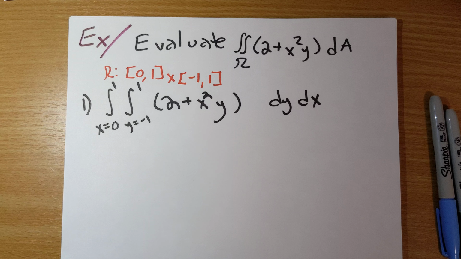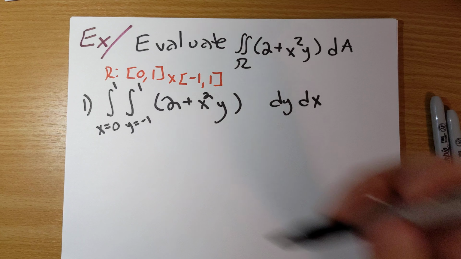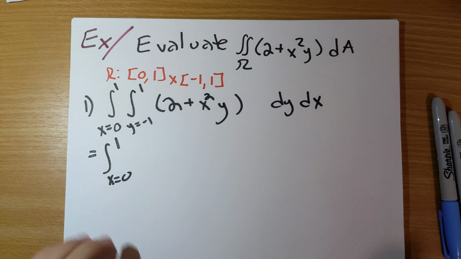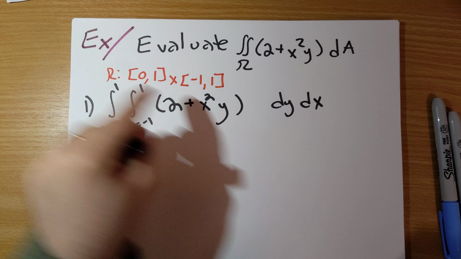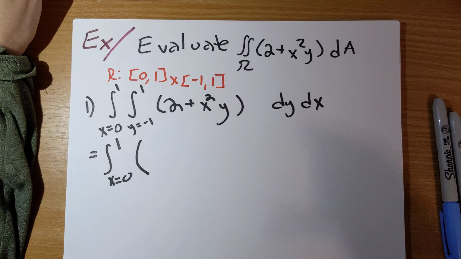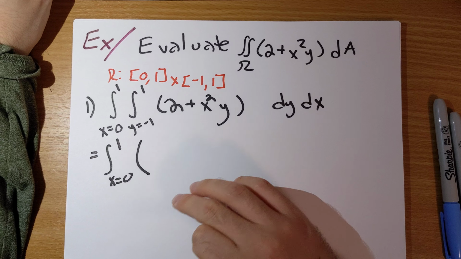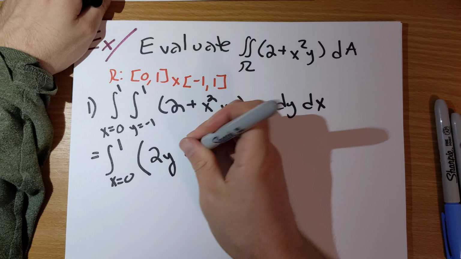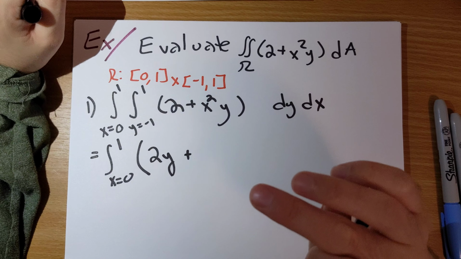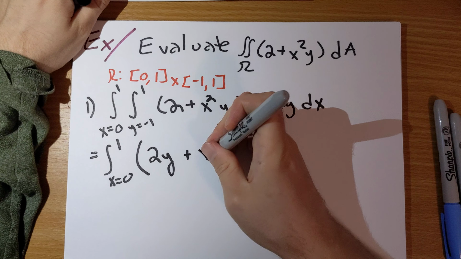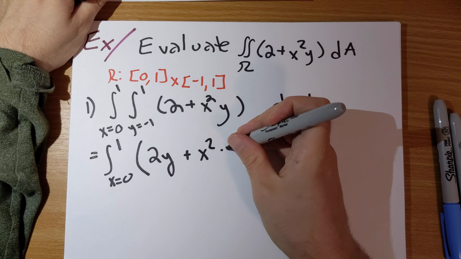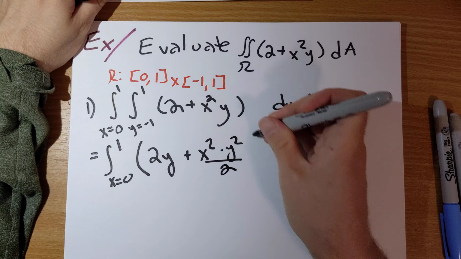Okay, so how do we do this? First we integrate with respect to y. The antiderivative with respect to y: 2 becomes 2y. x squared we treat as a constant, so x squared times the antiderivative of y, which is y squared over 2.